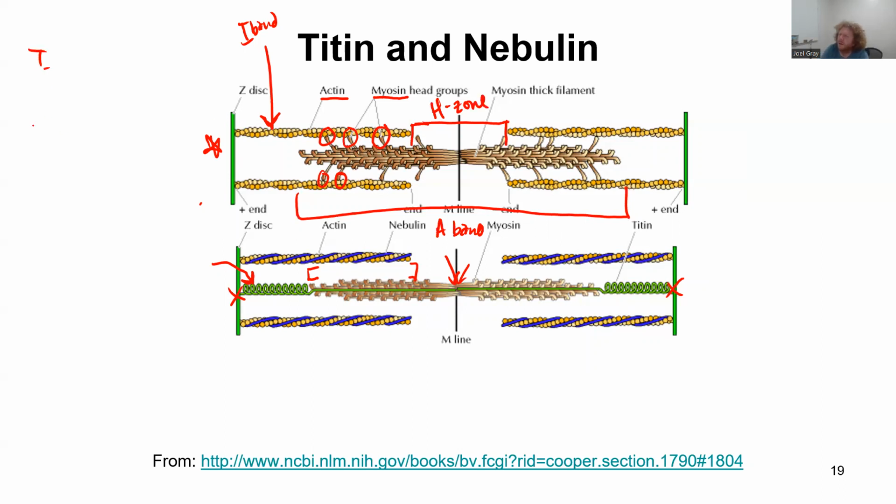So I, A, H. So the I has only actin. And I'm writing these things out because these are going to be relevant to what's on your exam and pertinent to specific questions. A is actin and myosin, but also just myosin.